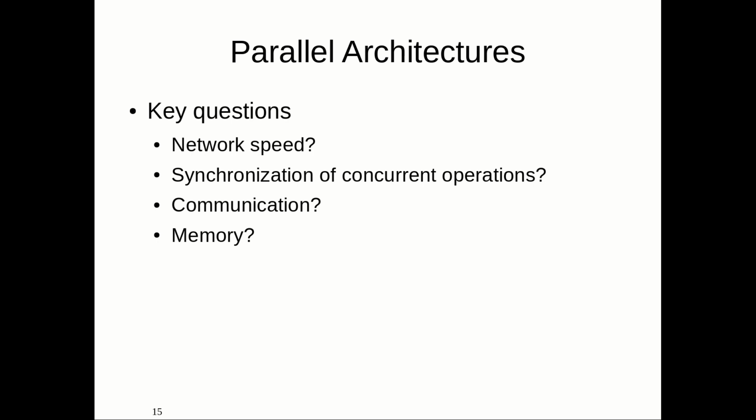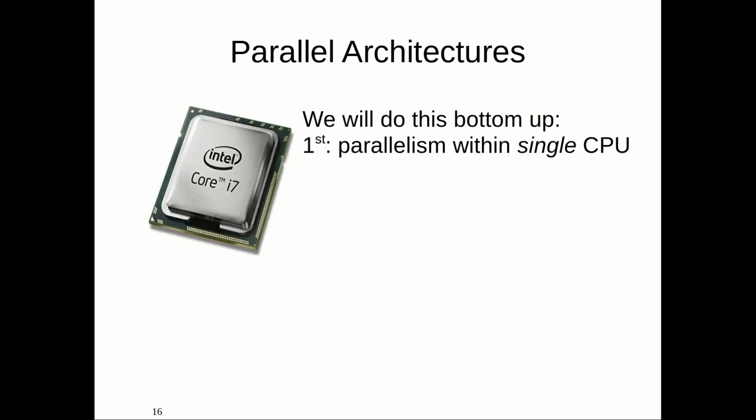How do I actually synchronize concurrent operations? How do different cores communicate with each other? And how is memory organized? So basically, we'll do this bottom up, starting at the CPU and then looking at increasingly complex computer architectures.